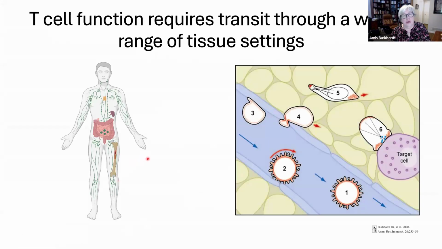Right. So just to start with everybody on the same page, one of the points I want to make is that in order to carry out their role in protective immunity, T cells need to move through a wide range of tissue obstacles.